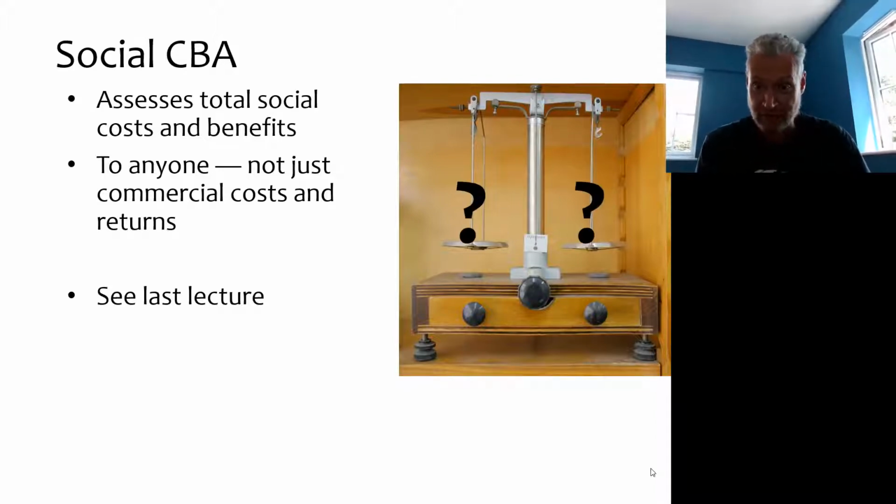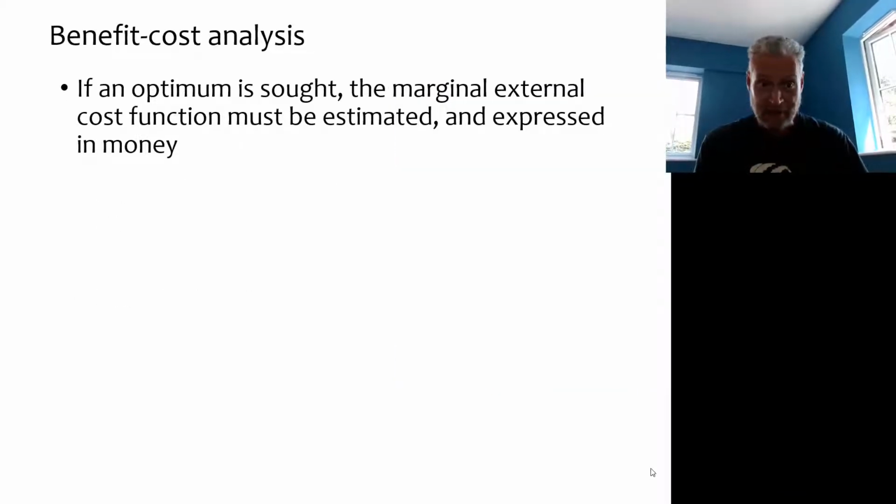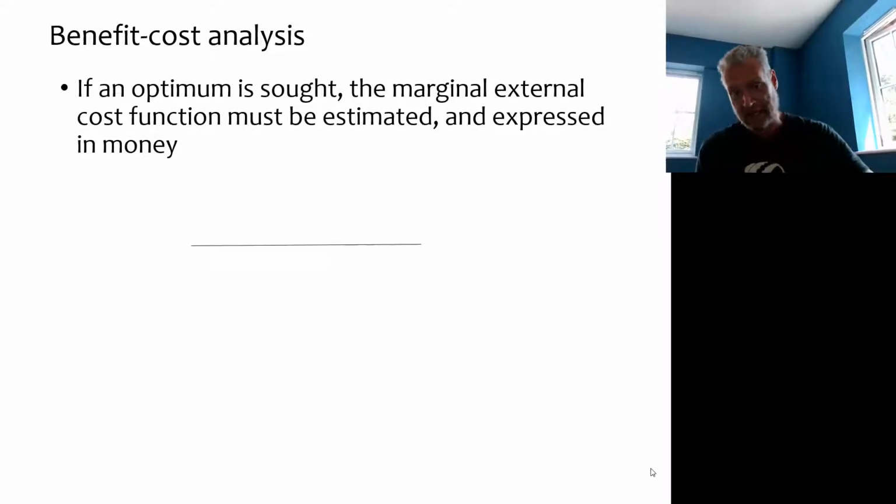And the whole aim of a cost-benefit analysis is to make those trade-offs visible. And that requires making them comparable. And making things comparable is more difficult than it may seem at first sight.